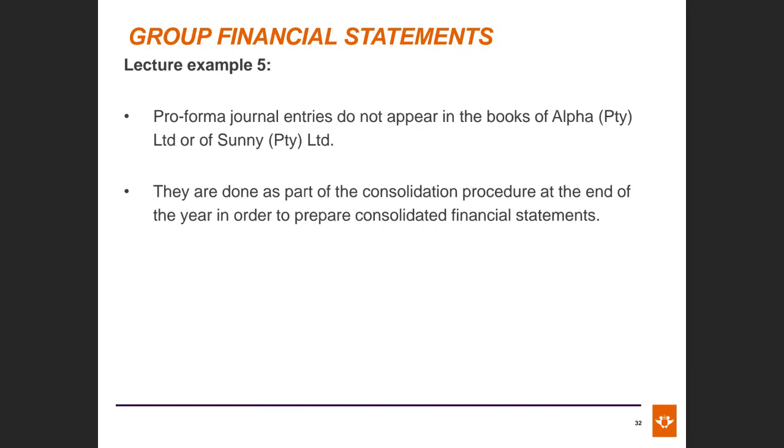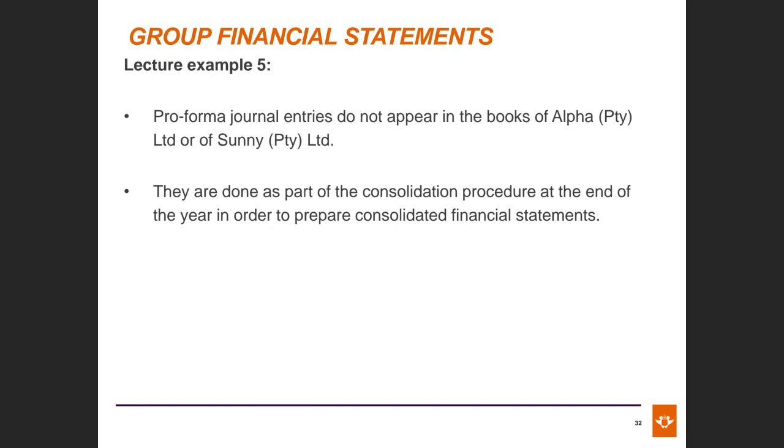Okay, just to tell you something, because it can be confusing: Alpha will prepare its own financial statements and Sunny will prepare its own financial statements. But in the consolidated financial statements, this is where the pro forma journal entries will appear. These pro forma journal entries will not appear in the books of Alpha and they will not appear in the books of Sunny.